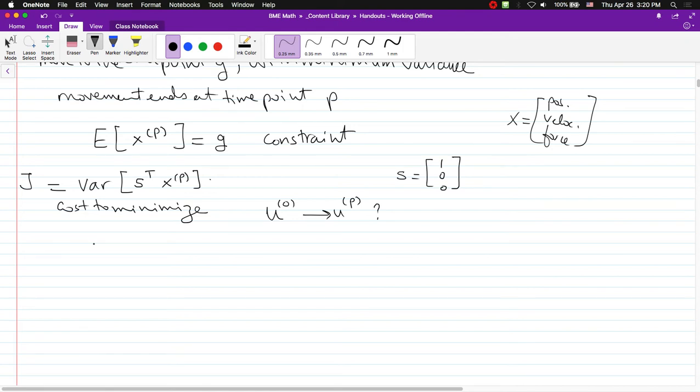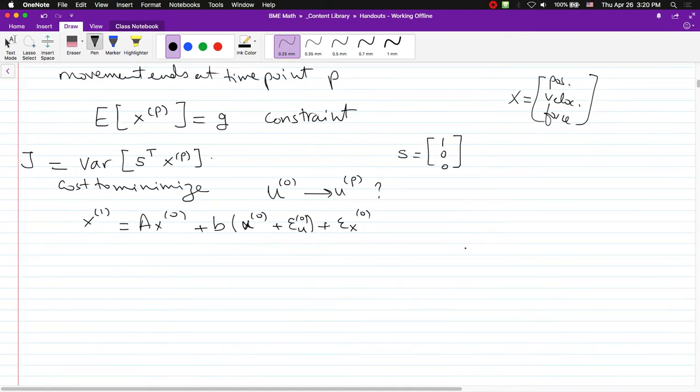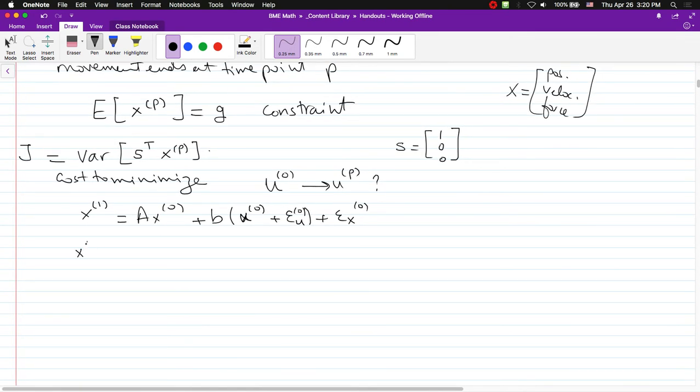Well, what you do is you say, okay, x at time point 1 is a times x at time point 0, plus b times u at time point 0, plus epsilon u, plus epsilon x at time point 0. What's x at time point 2?